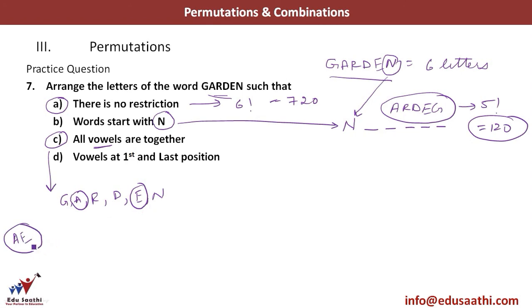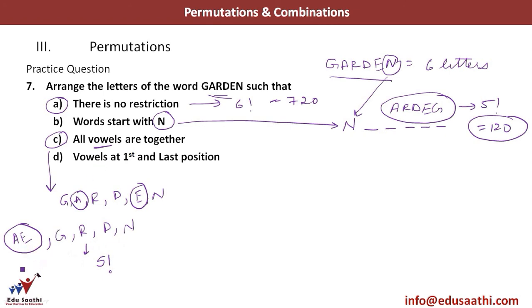So now if I take 2 letters and combine them into one, how many letters do I have left? I have just 5 letters left. AE is 1 letter now. So AE, G, R, D and N. I have these 5 letters which have to be arranged. These can be arranged in how many ways? 5 factorial ways. But all vowels have to be together.